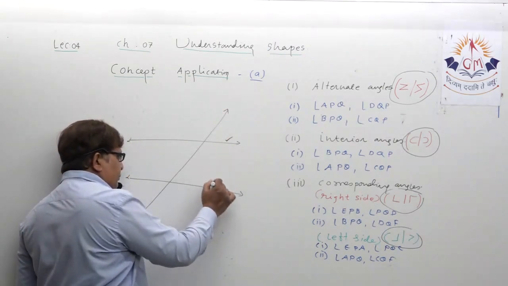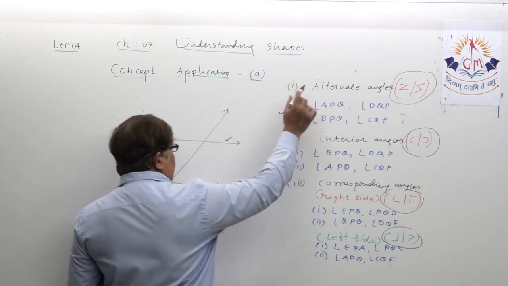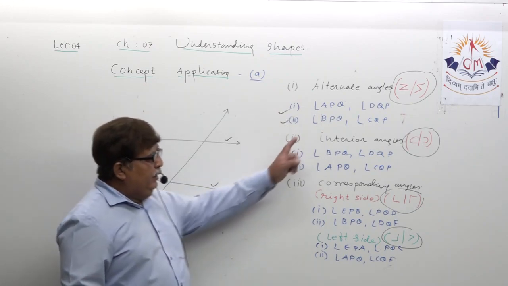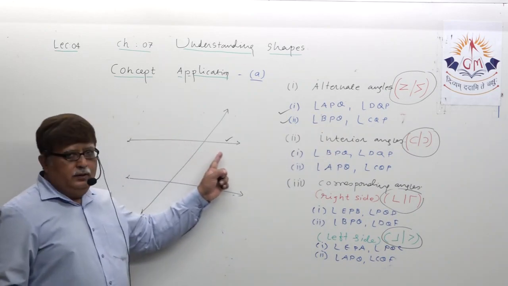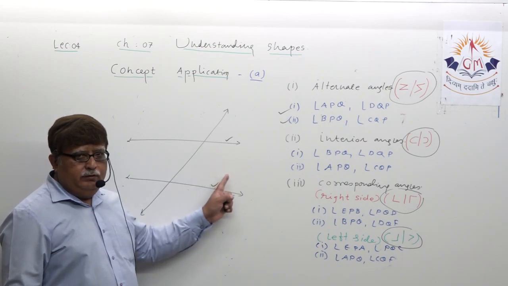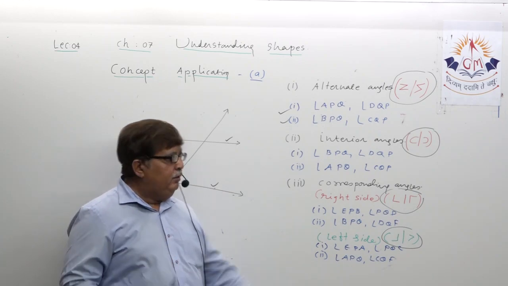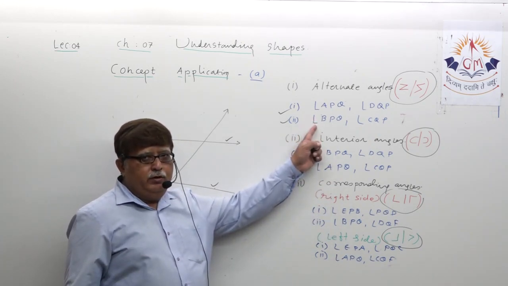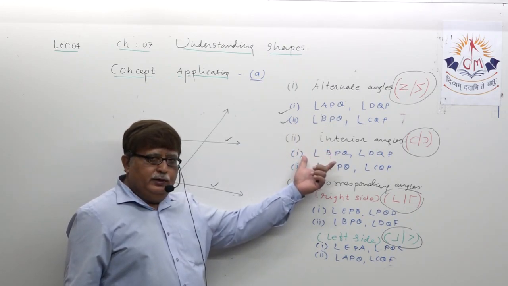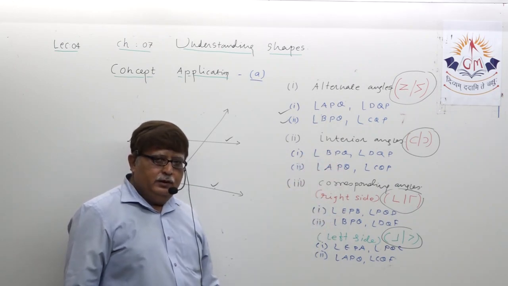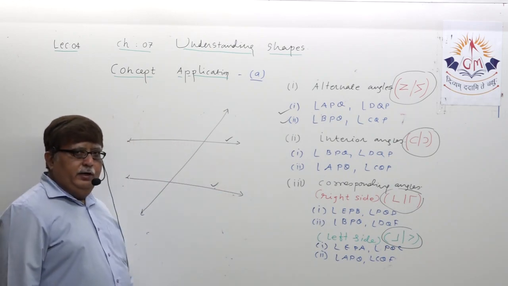But mind one thing very well. If these two are parallel lines, then alternate angles are equal. You understood this? What I said? If these two lines are parallel lines, then both the pairs of alternate angles are equal. I am not speaking about what would happen to interior angles or corresponding angles if these two are parallel lines.